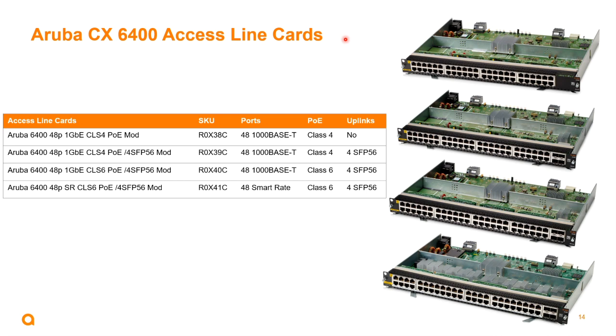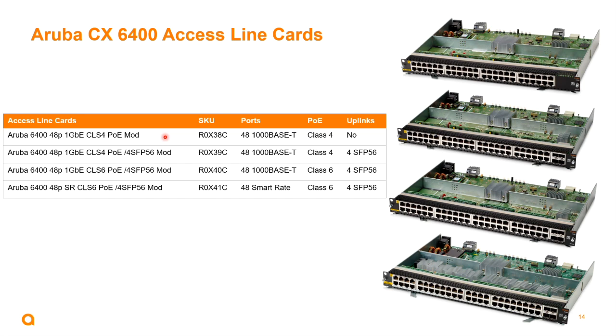So let's cover some of the line cards in detail, starting off with the access line cards. We have a 48 port 1 gigabit Ethernet class 4 PoE, providing us with 30 watts of power per port with no uplinks.